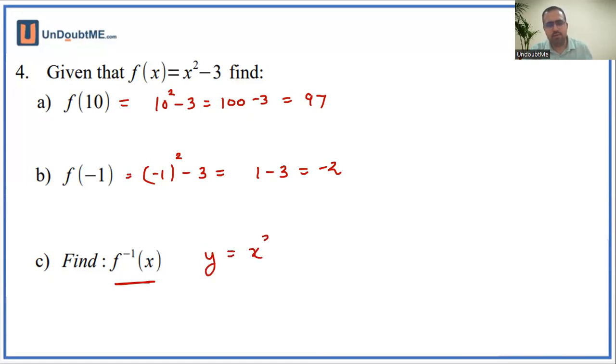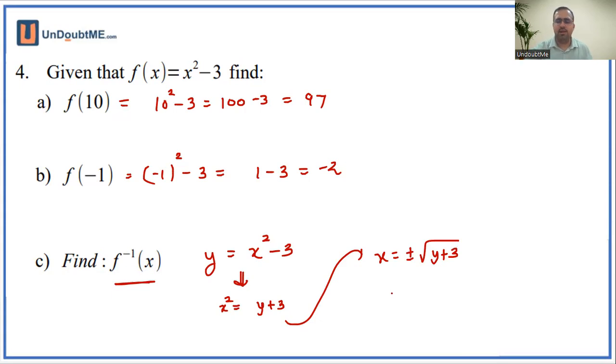Okay, look, y is equal to x square minus 3. Then if I want to make x the subject, what steps do we follow? So we'll write x square is equal to y plus 3, and then finally x is equal to plus minus root of y plus 3. Okay, till here it is the same as what we used to do for finding range.